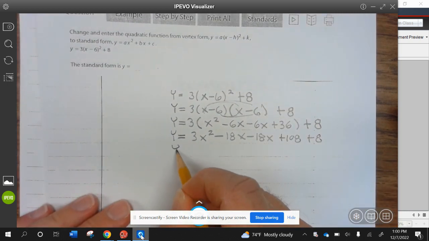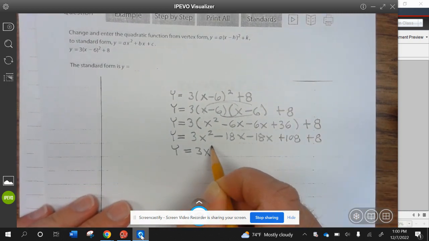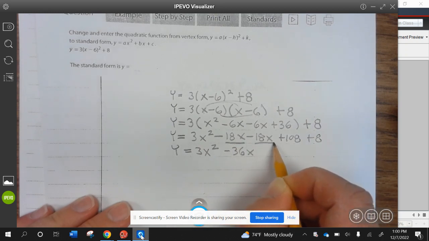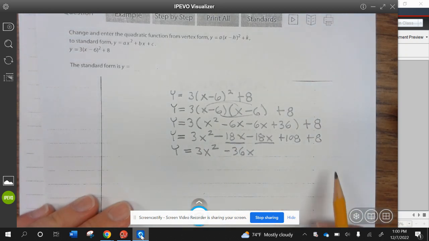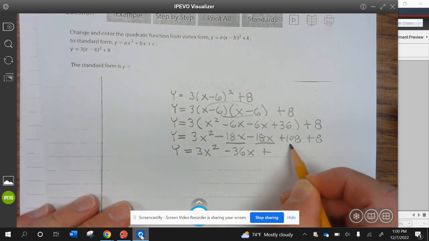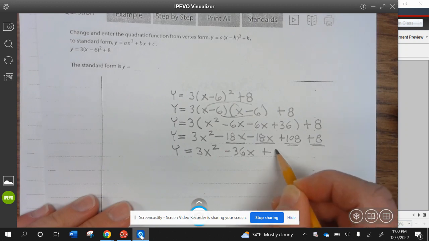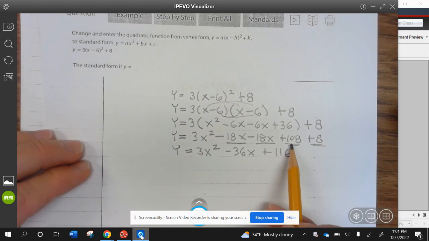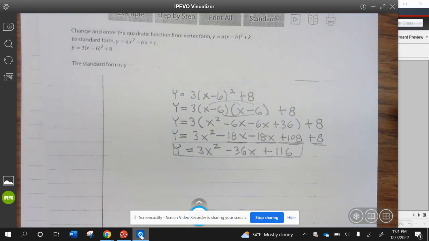Then y equals 3x squared minus 36x, because we're combining the x terms, plus, we add these, 116. And this is your standard form. Go ahead and finish up that example.